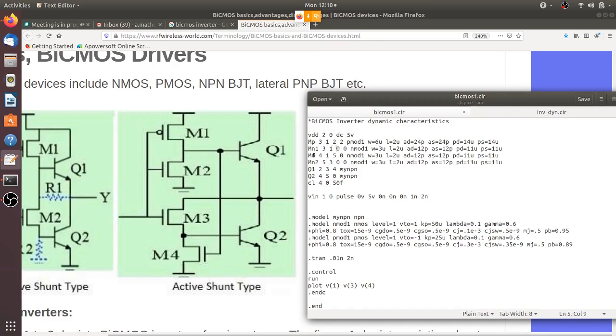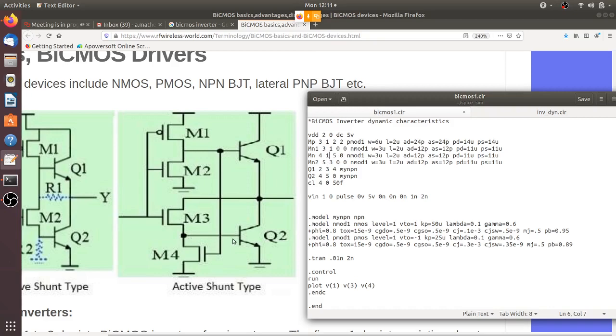Next is our M3, which I have labeled as MN. Its drain is here, a different point, so I labeled it as 4, and the input is 1, that is the gate terminal, and then you have the source, which is again a different terminal. I named it as node 5.